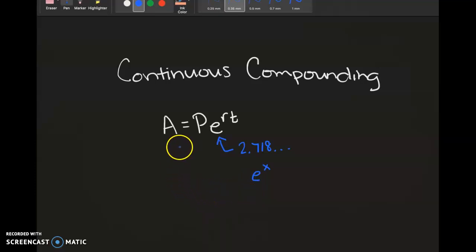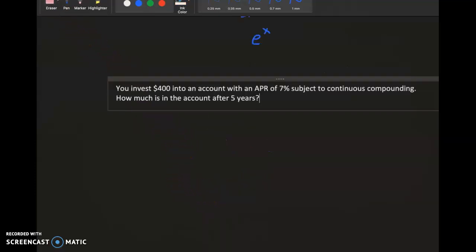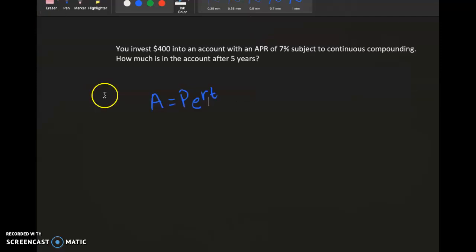So let's go ahead and do one example using this. So let's say that you invest $400 into an account with an APR of 7%, subject to continuous compounding. How much is in the account after 5 years? The future value is what we want to end up finding, so we're going to leave A alone.